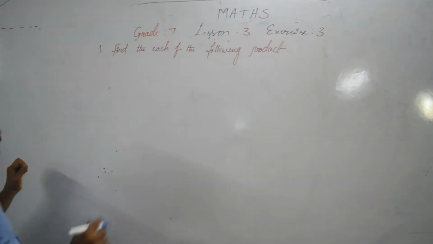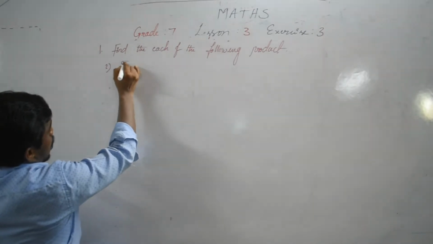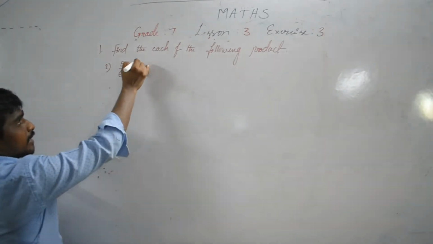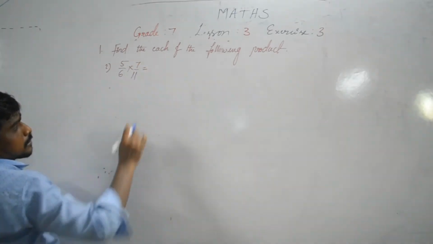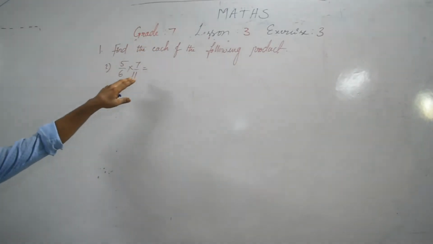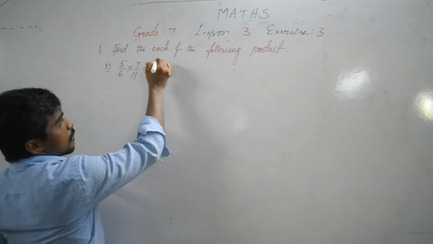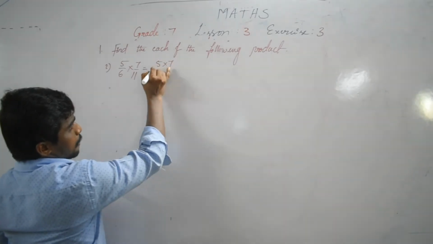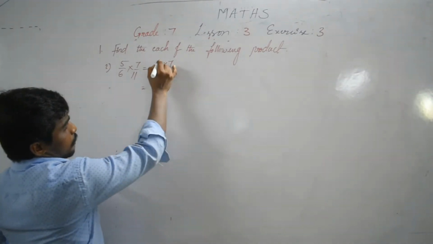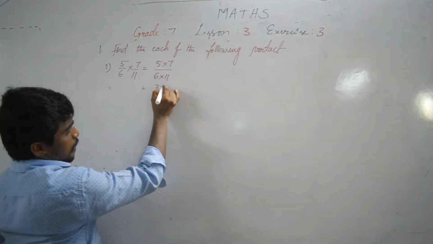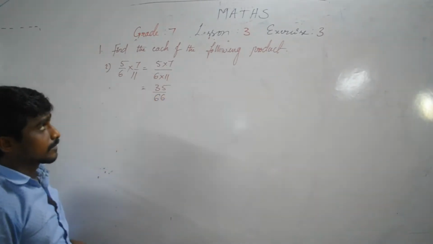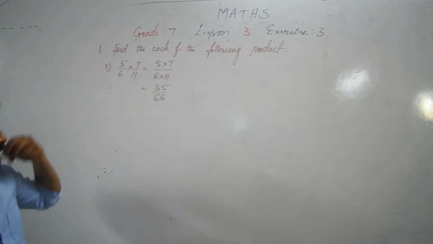So here the first one, 5 by 6 times 7 by 11. So numerators multiply, denominators multiply. 5 times 7 by 6 times 11. 5 7s are 35. 6 11s are 66. So 35 by 66.